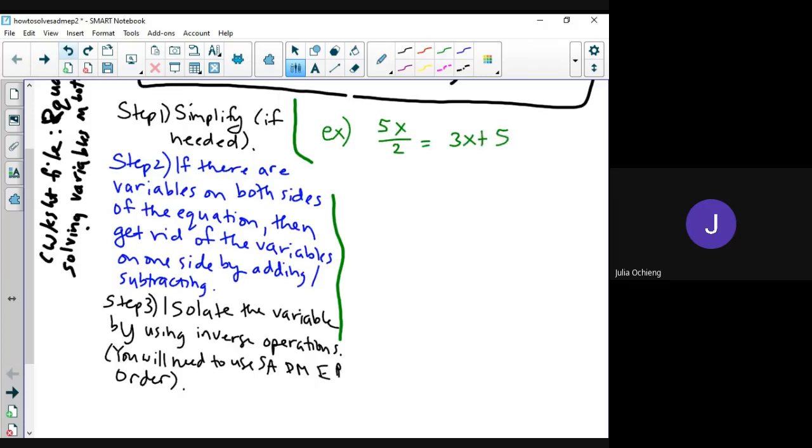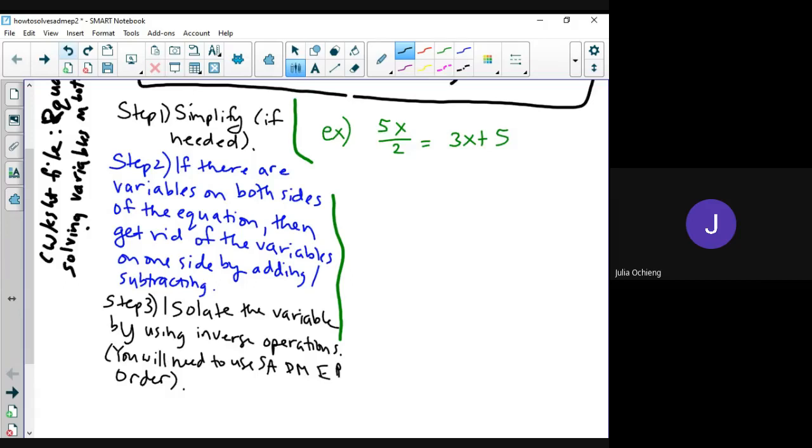So again, this is a good time for you to pause the video and see if you can figure out how to do this one on your own. The first step is to simplify if needed. And you do have a denominator, but it doesn't have a variable. So I don't have to do this, but I'm going to just because it's going to make my life easier.